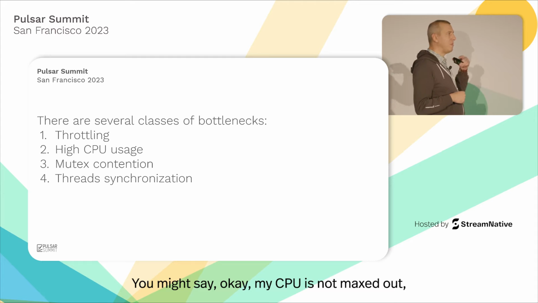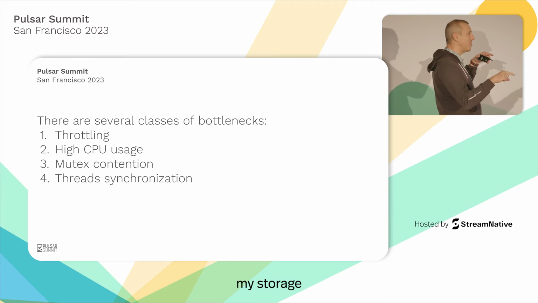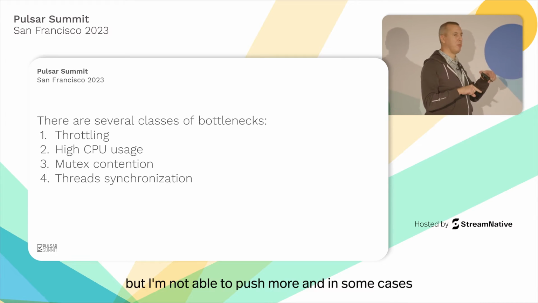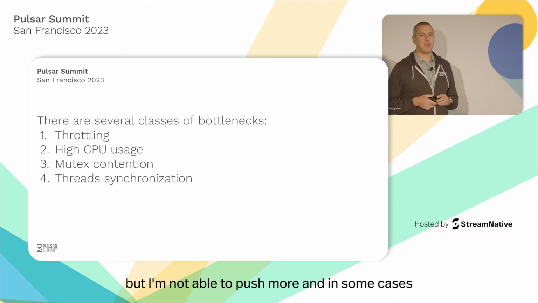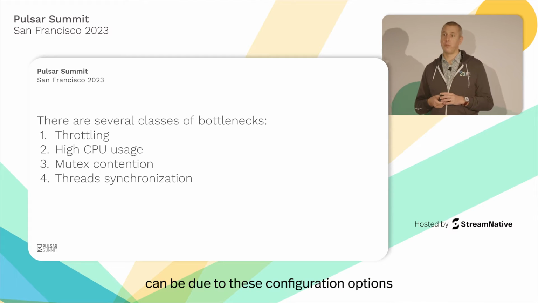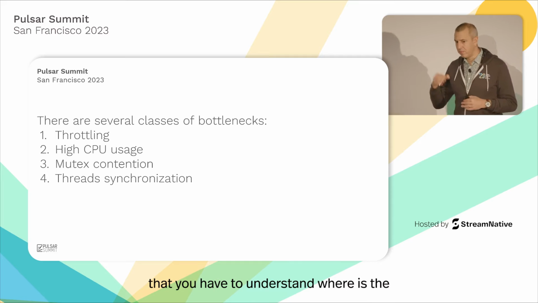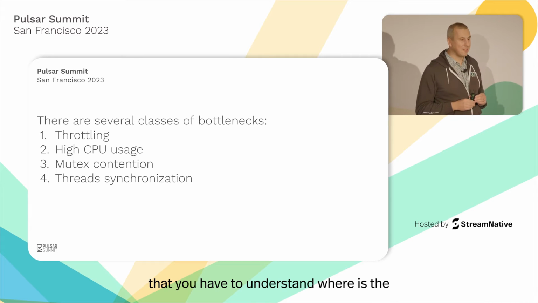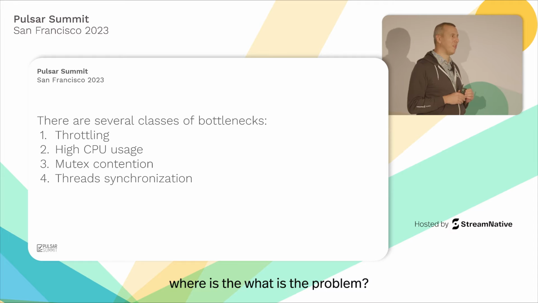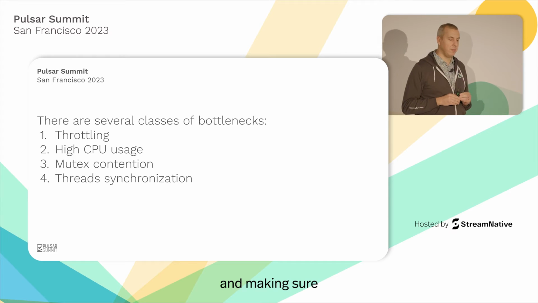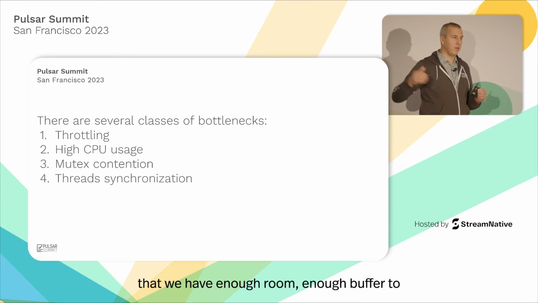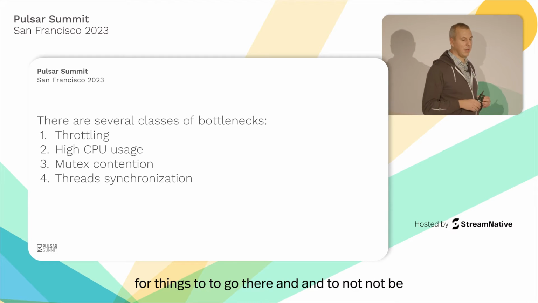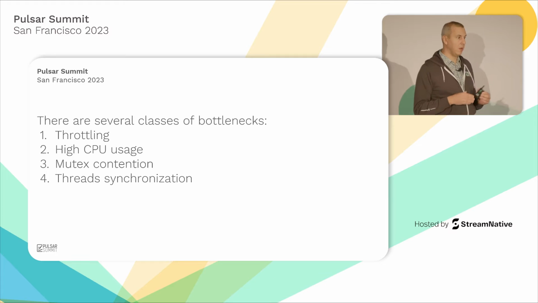And you might say, okay, my CPU is not maxed out, my storage I/O is not maxed out, but I'm not able to push more. In some cases, it can be due to these configuration options. You have to understand where the problem is, and try to increase them, making sure that we have enough room, enough buffer for things to go, and to not be throttled there.